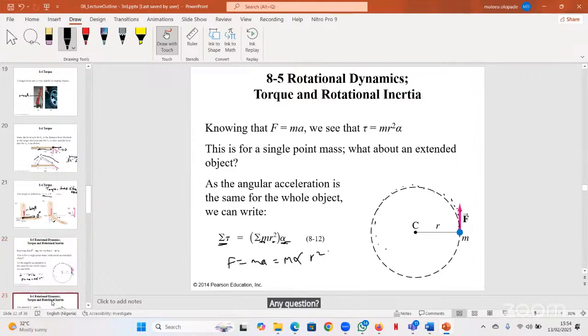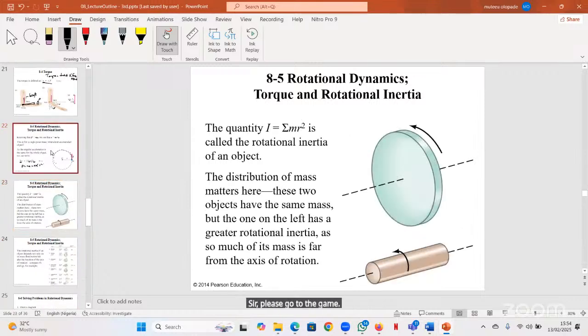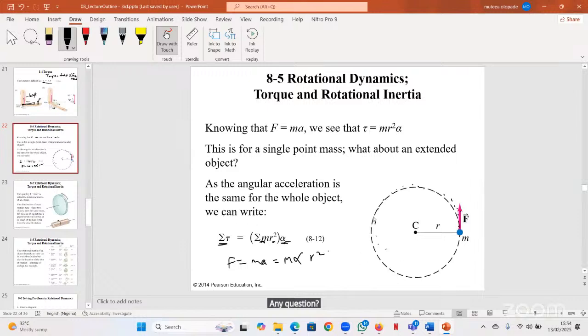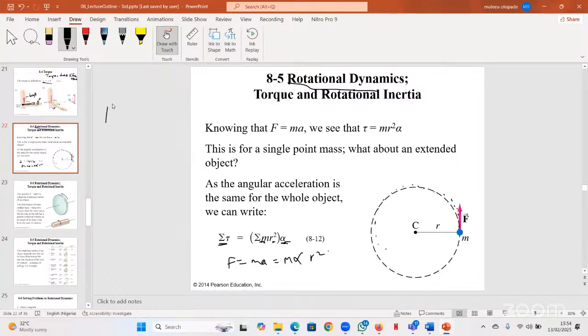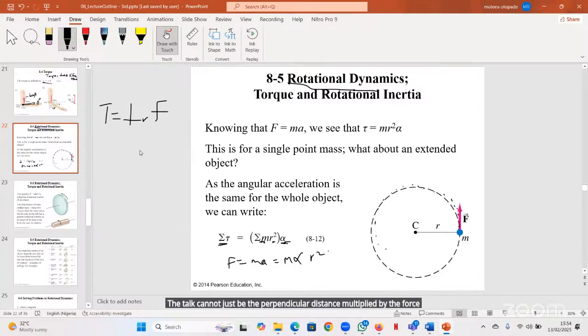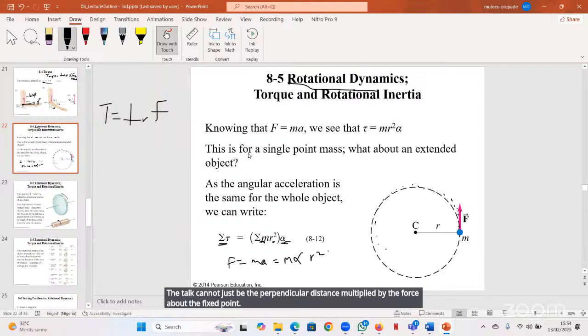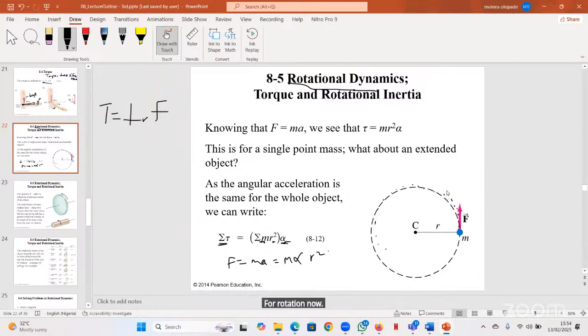Sir, can you please go over it again? Yes, go over it again. Because it is rotational motion, rotational dynamics, just like it is explained here, the torque cannot just be the perpendicular distance multiplied by the force about the fixed point. For rotation, it will be moving from here to here to here.